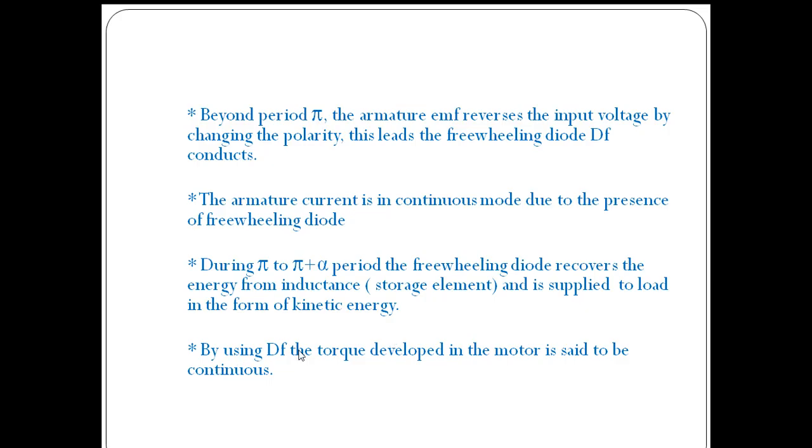By using this freewheeling diode, the torque developed in the motor is continuous. So this is how the speed control of the DC shunt motor by using a full converter is done.